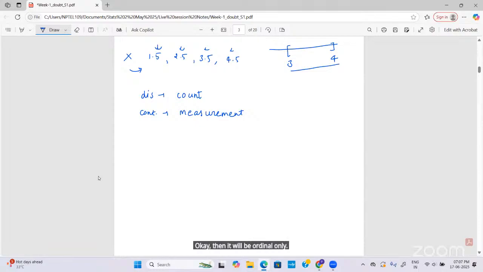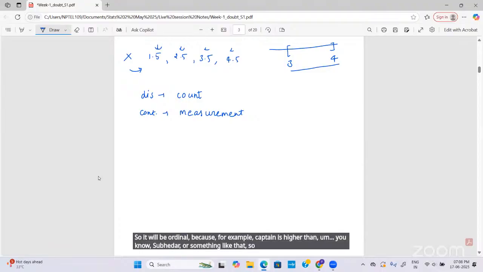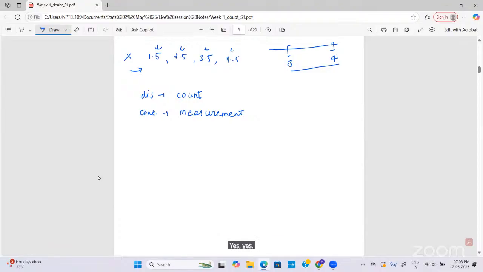Yes, it will be ordinal because, for example, a captain is higher than a Subedar. Okay, ma'am. Thank you.